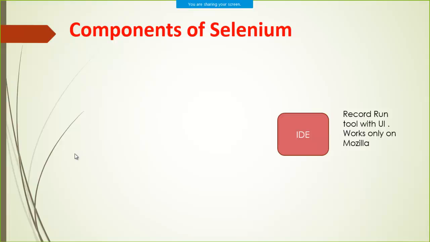Alright, so now coming over to the components of Selenium. Selenium is made up of 4 components. The first component is IDE, which is not a very useful tool. It is primarily a record and run tool. A record and run feature is there in every automation tool, but it is not successful these days because websites are dynamically changing.